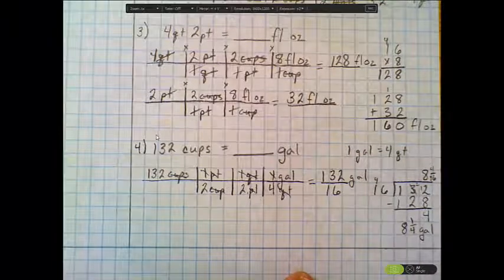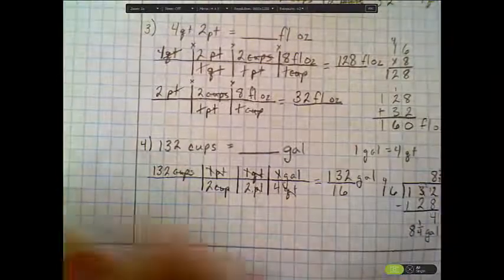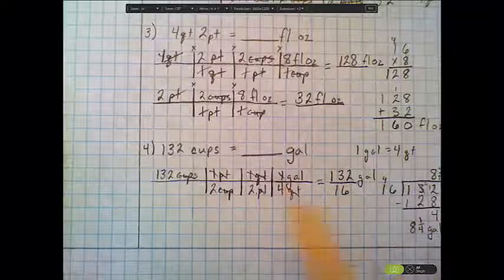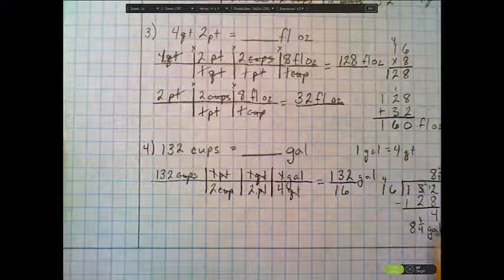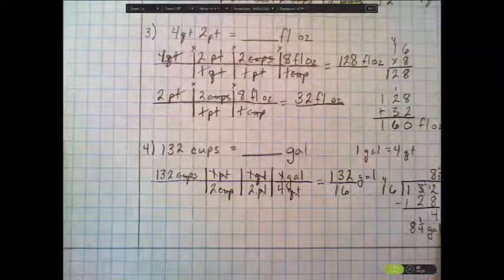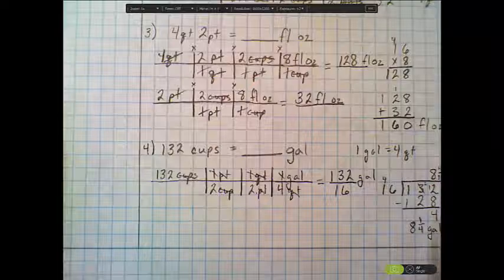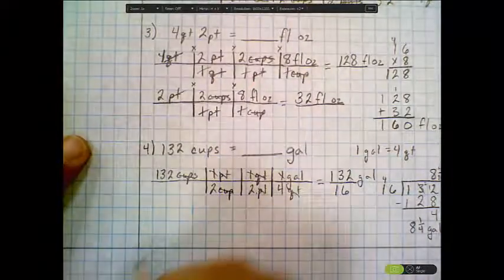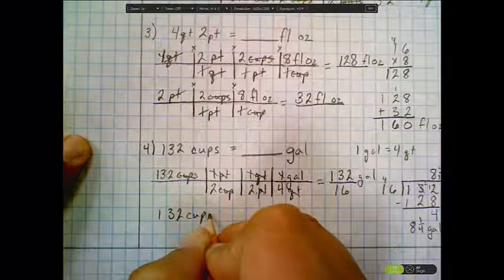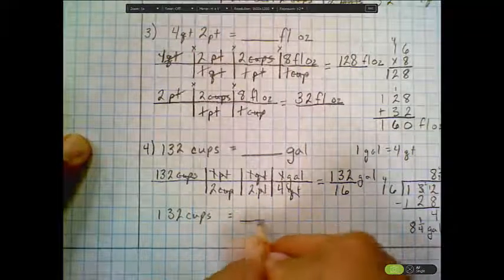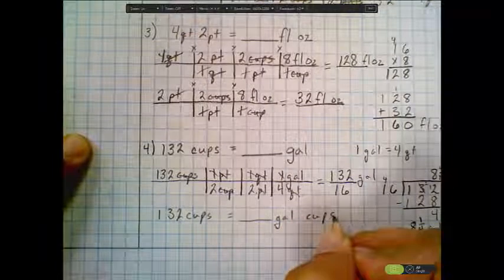The second problem that we did asked for how many gallons and cups. Well, you'll remember that the remainder is actually how many cups there are. So for the second problem that's asking for 132 cups is equal to how many gallons and cups.